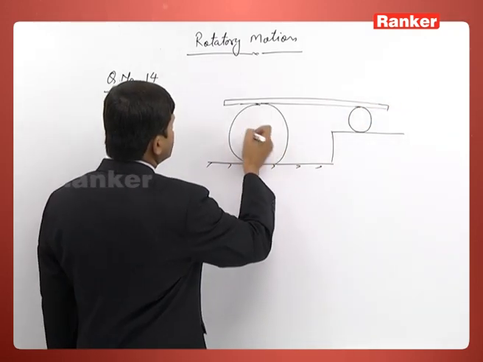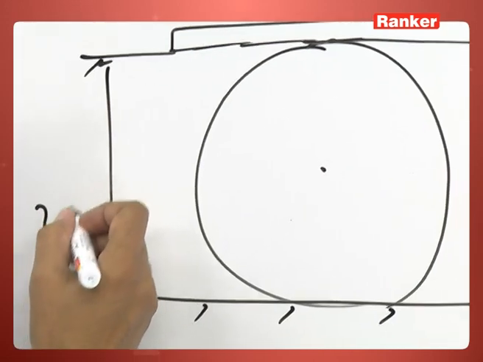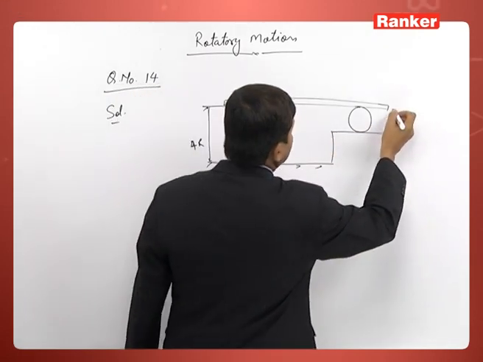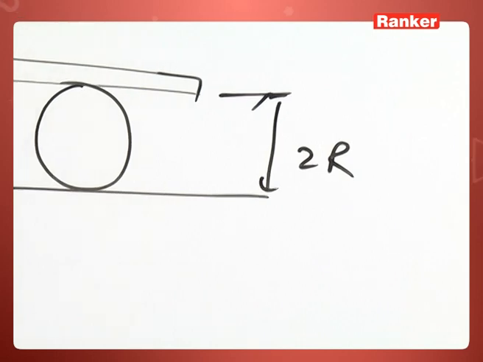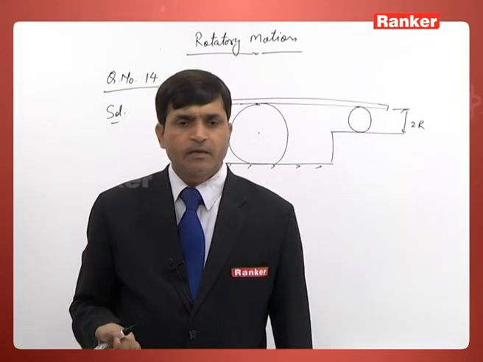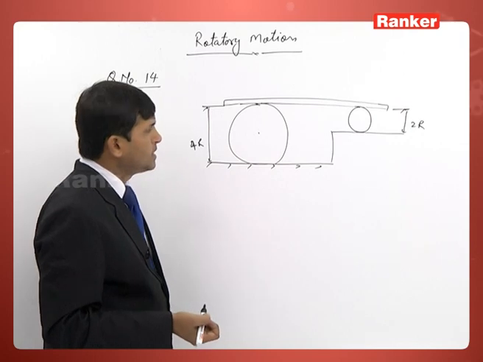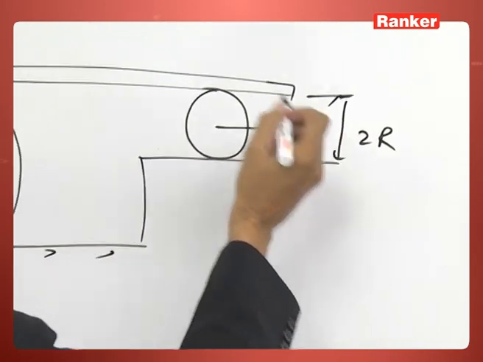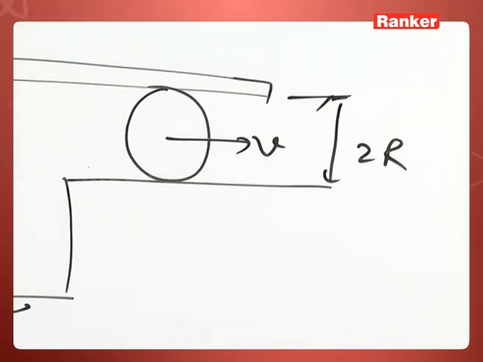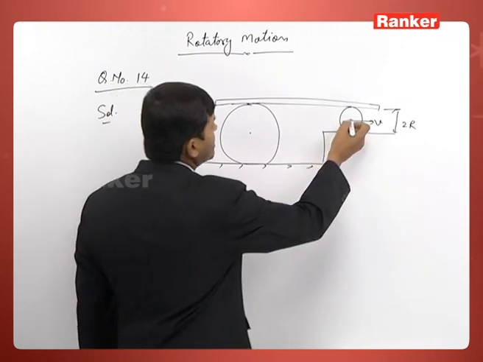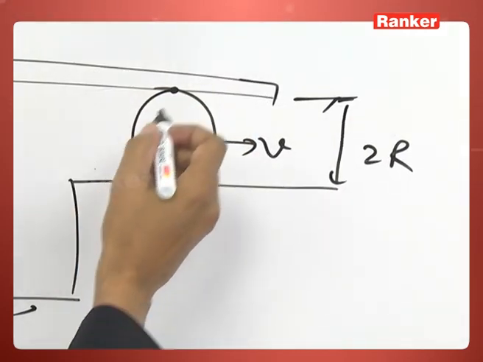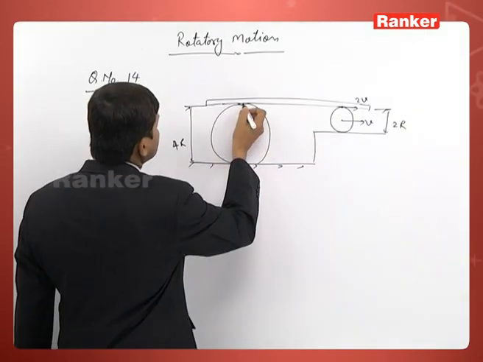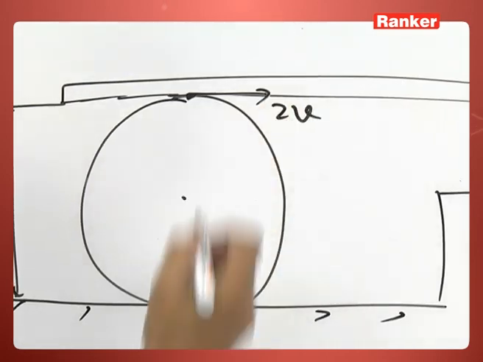So this has total 2R, this has total 4R, and this has 2R as per the given question. It is given the velocity of the center of the smaller cylinder is V. So if there is no slipping anywhere, this point must also have velocity V and 2V. So this also must have velocity 2V.